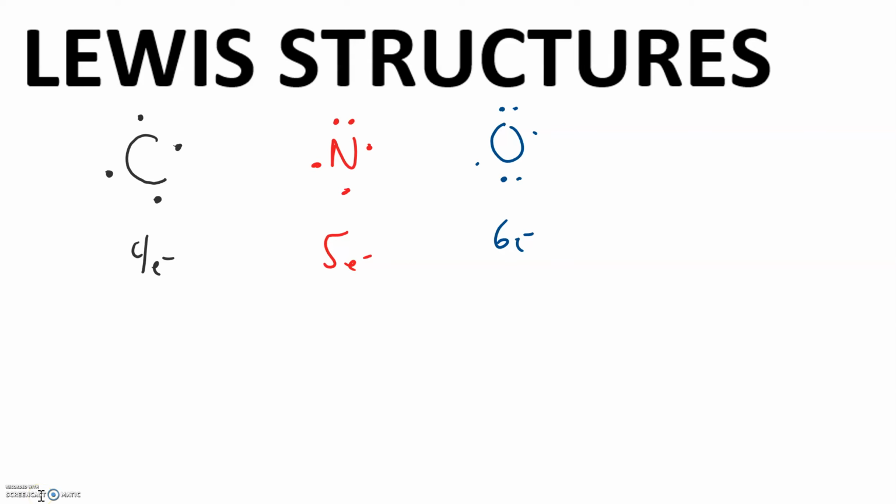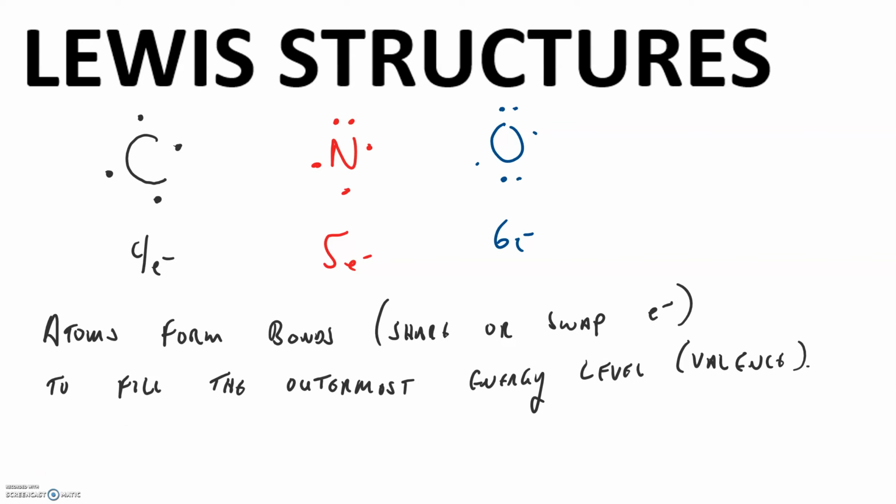Well, it has to do with how electrons are distributed in bonding. Let's remember that atoms form bonds for one purpose. Atoms form bonds, which involves the sharing or swapping of electrons, to fill the outermost energy level, what we're going to call the valence.